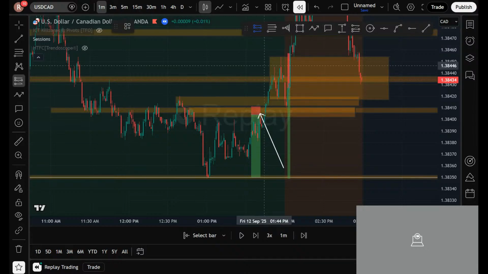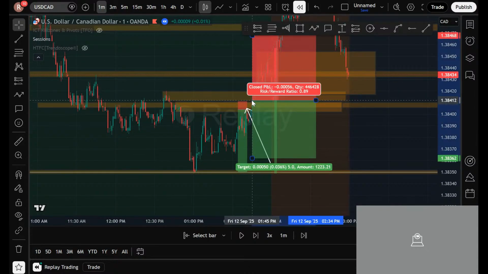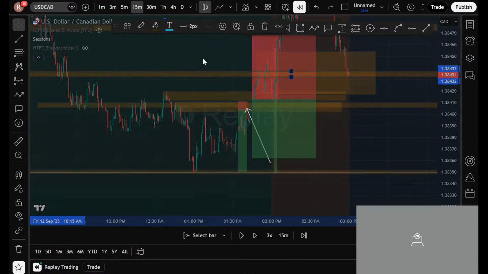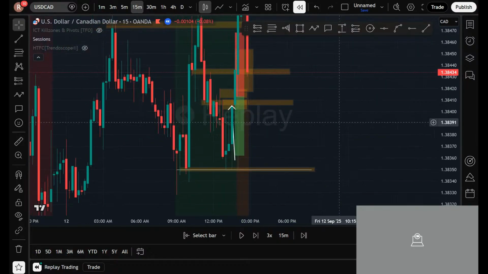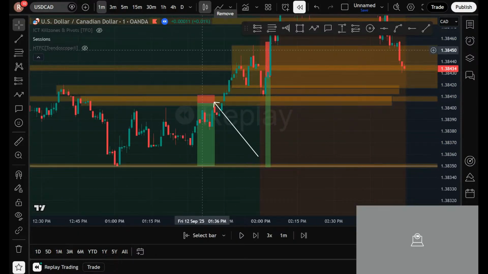This one, 45. This trade does not make any valid sense because this candle has already printed bullish, so it's not a valid SL.